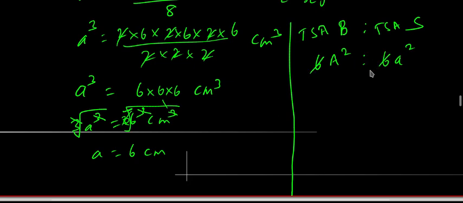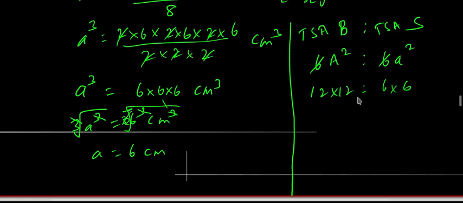This 6 will get cancelled anyway. A is the side of the big cube, already given in the question, it is 12. So 12 into 12, and the side of the smaller cube, which we just arrived at, is 6 centimeter. So 6 into 6.